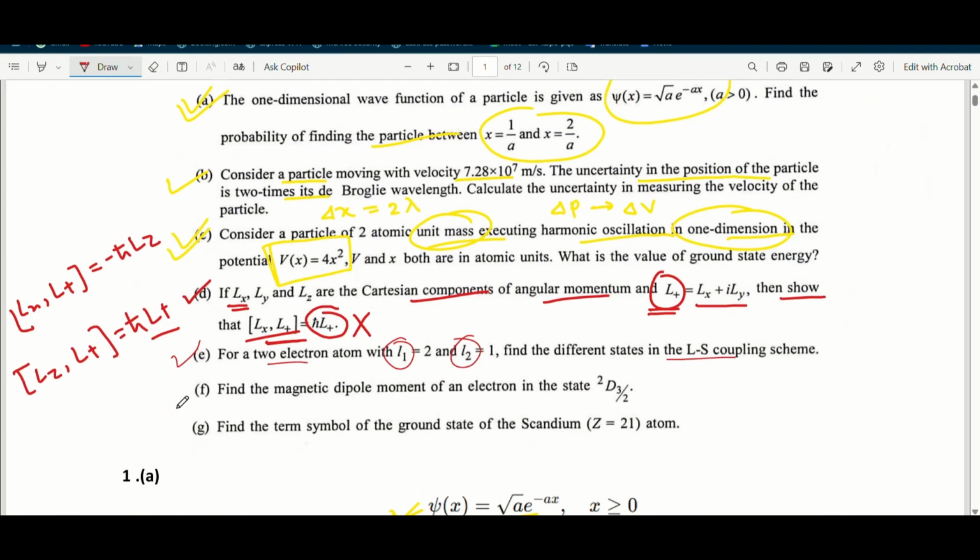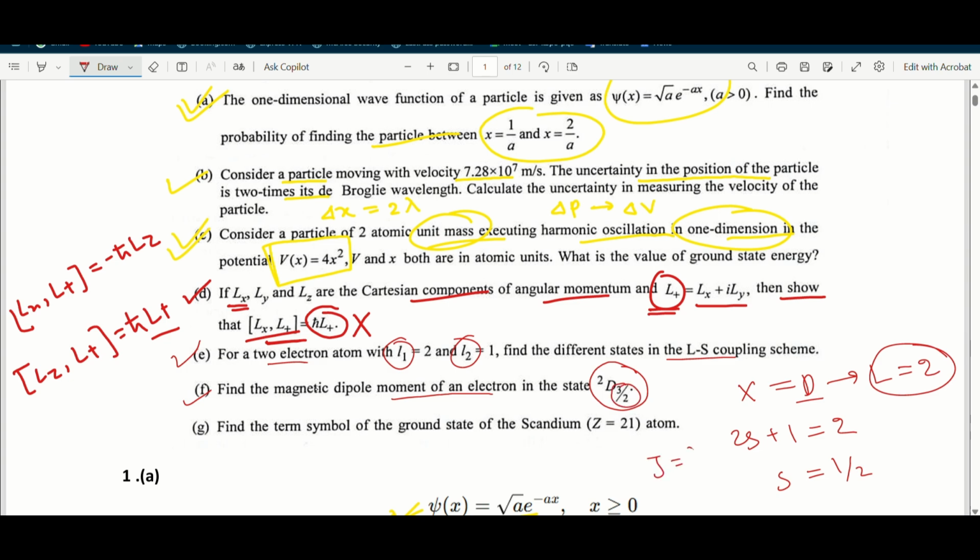Next question, F. Find the magnetic dipole moment of an electron in this state. So X equals D, that means the value of L is 2, and twice S plus 1 equals 2 here, so S will be half. And this value is the J value, that is 3 by 2.